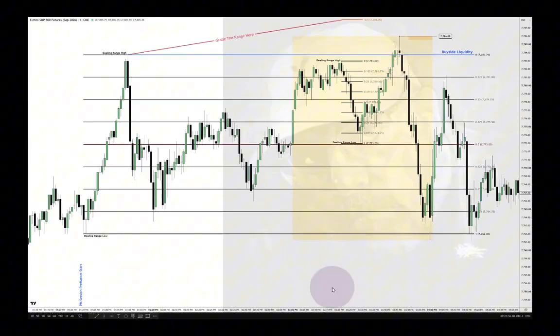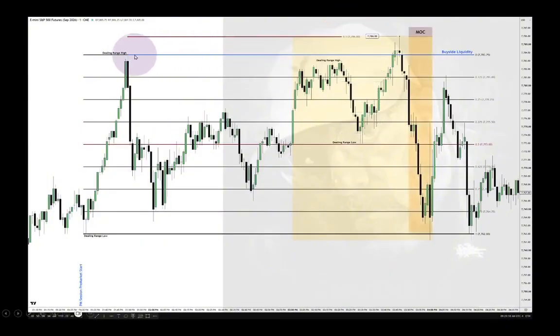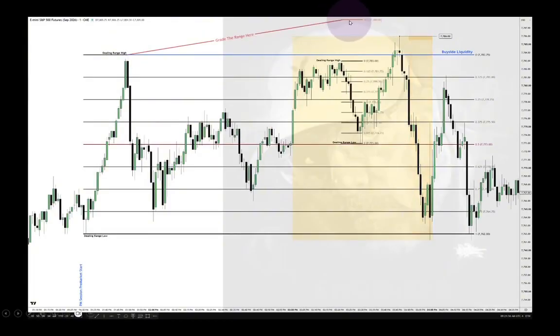So we want to know what the range is that we have to define in the last portion of the day. And we get that measurement here. And when we do that, we can grade this high pulled up to that level that was just shown here. So you're going to anchor the fib to this high, draw it up to that level, make sure the numbers match.